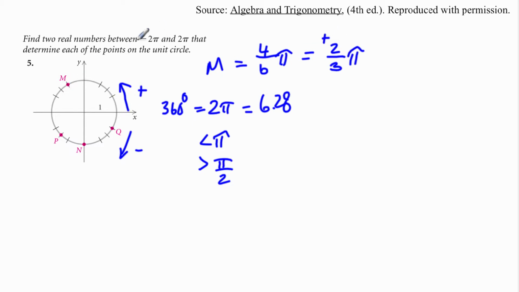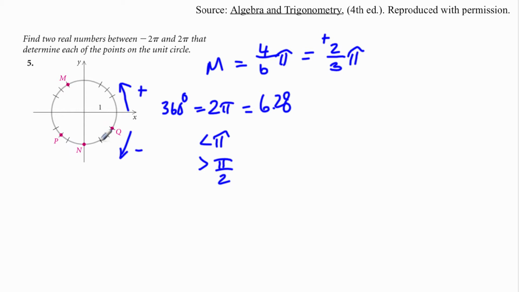They say it can also go backwards. So if I go backwards, if the whole thing is 2 pi, I could say that the whole thing is 6/3 pi. Maybe a better way to think about it is in terms of thirds.